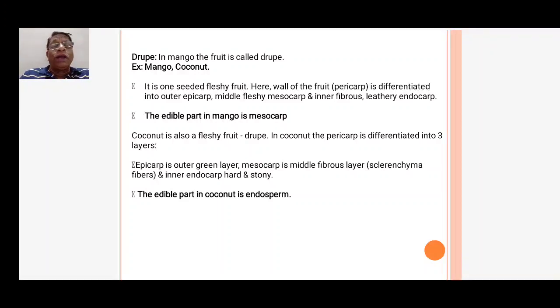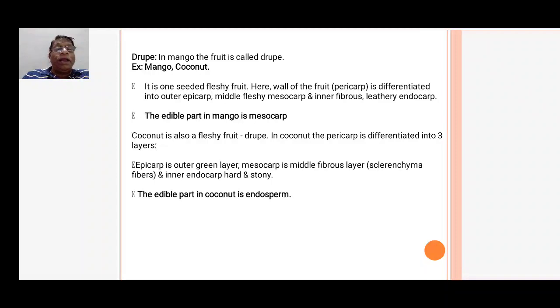What about coconut then? Coconut is also one-seeded fruit. It's also fleshy fruit. We call drupe. In coconut, the pericarp is differentiated into 3 layers. Outer layer called epicarp, that is green texture of the coconut.